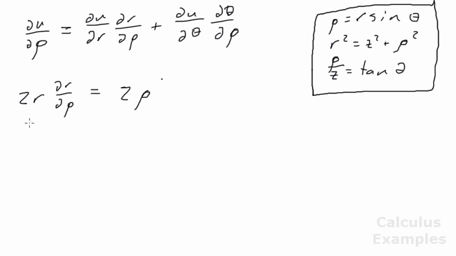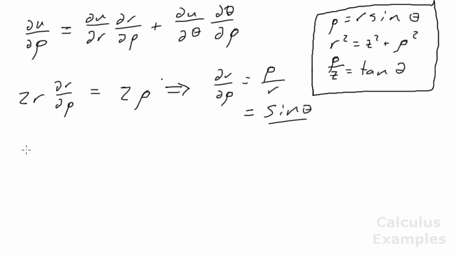All right? So that means that partial of r with respect to rho is equal to rho divided by r, right? Which is equal to, I believe, sine of theta. Because rho is equal to r sine theta, and if you divide through by r, you get sine of theta. Right? So we have the first one.